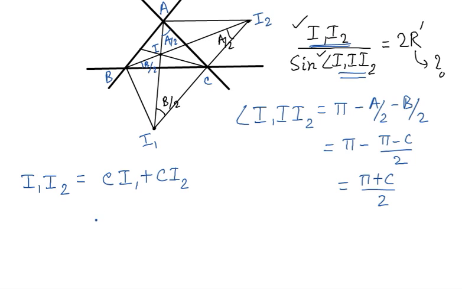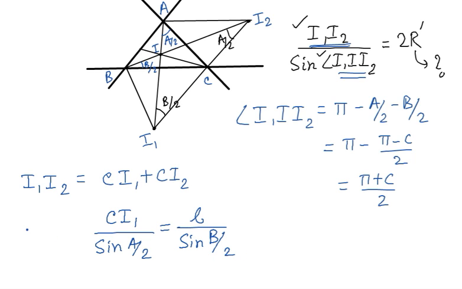So using sine rule, we can write down that CI1 by sine A by 2 is equal to B by sine B by 2. Okay, I'm using sine rule in the triangle AI1C.